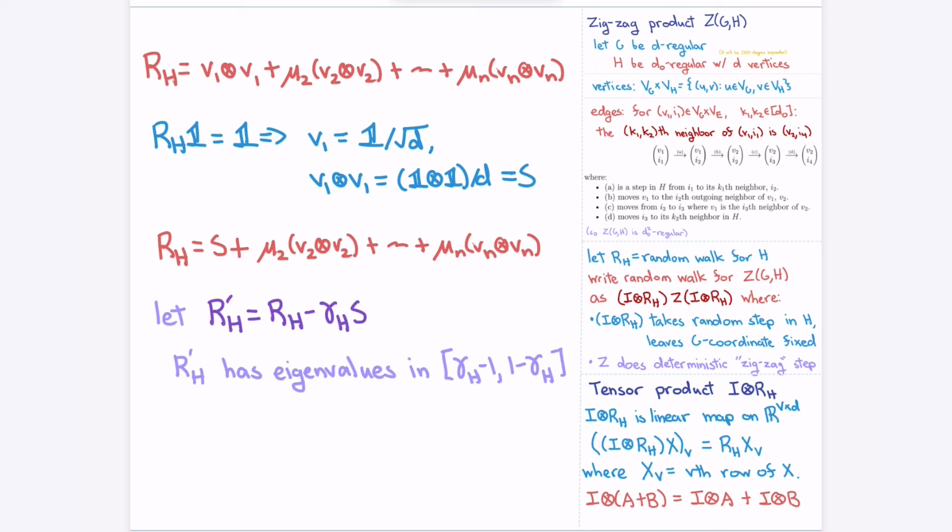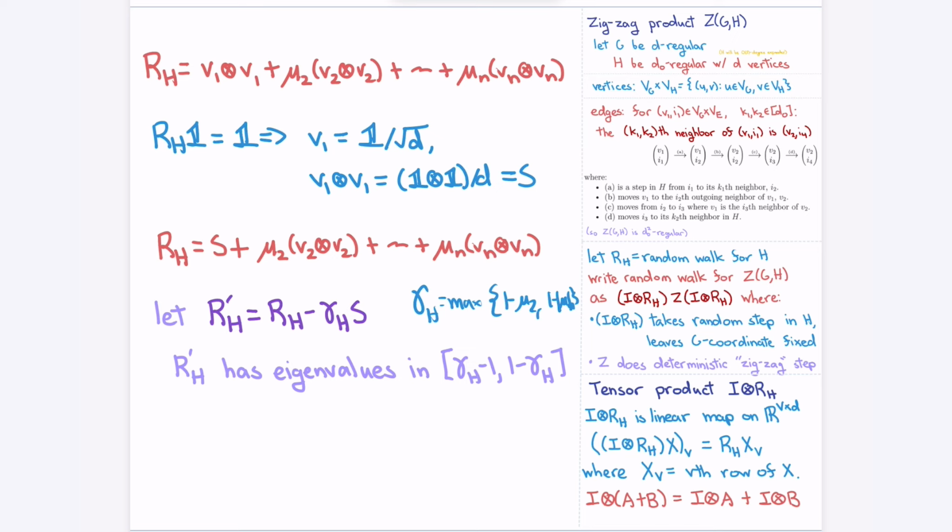And if I look at, okay. So remember, gamma H is equal to the maximum of, I guess, 1 minus mu 2 and 1 minus the absolute value of mu n, right? So what I could imagine is removing a small part of S so that the coefficient in front of S would become the same as mu 2 to mu n. Okay.